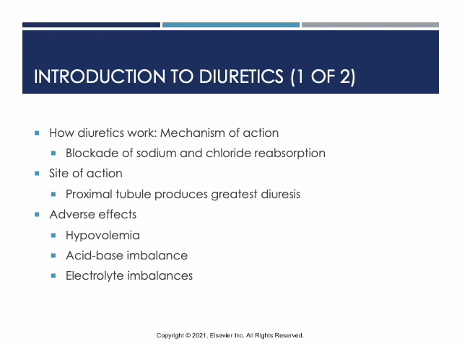This is what the diuretics will produce, and it's directly related to how much sodium and chloride reabsorption can actually be blocked. Drugs that block solute reabsorption to the greatest degree will produce the most profound diuresis.